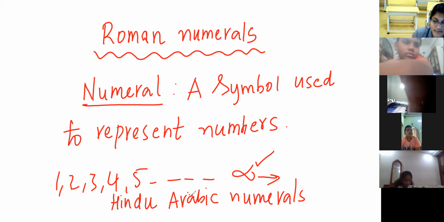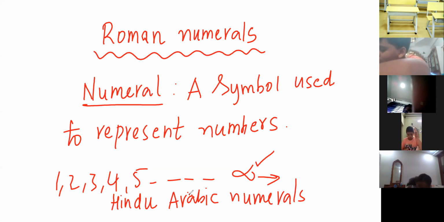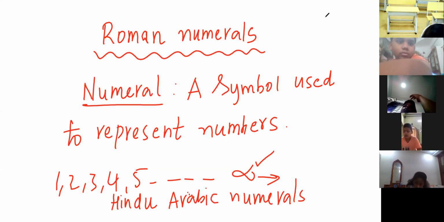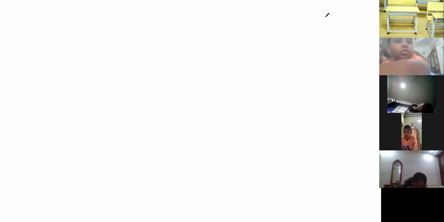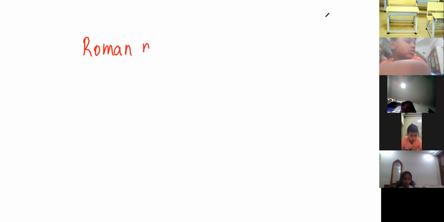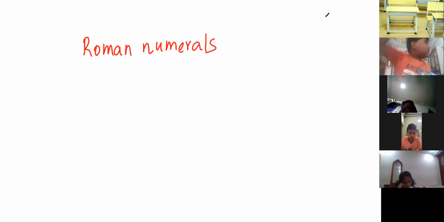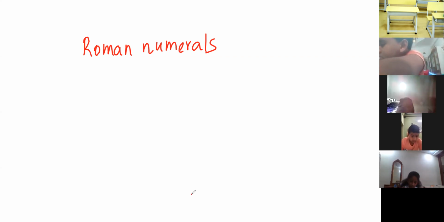in the ancient days, Romans used some other symbols to represent numbers. Like we are using the numbers 1, 2, 3, 4 till infinity, they used to depend on alphabet letters.